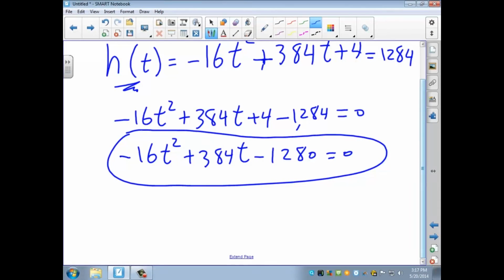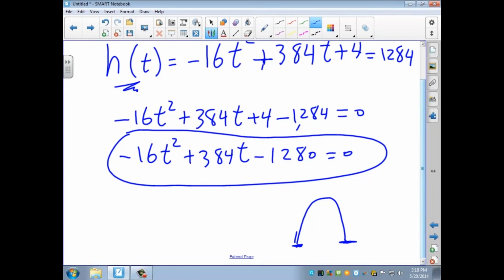How long is the rocket in flight? The rocket goes up and then comes down and hits the ground, right? So what you're measuring is where the height comes back to be 0 again. The rocket goes up and hits the ground again, right?